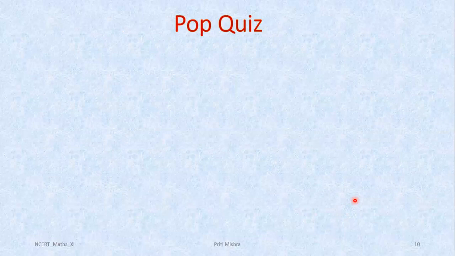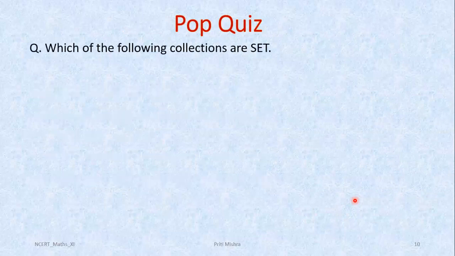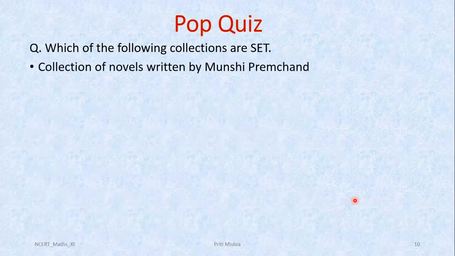Now let's have a pop quiz. The first question is, which of the following collections are sets? First is the collection of novels written by Munshi Premchand. Now you have to find out, is this a set or not?